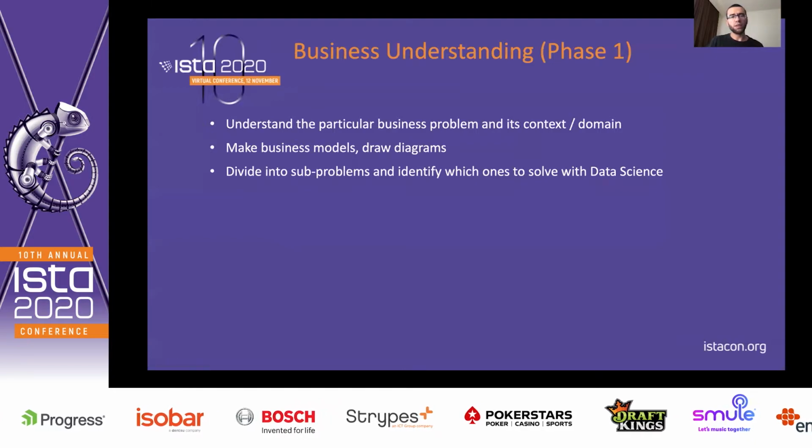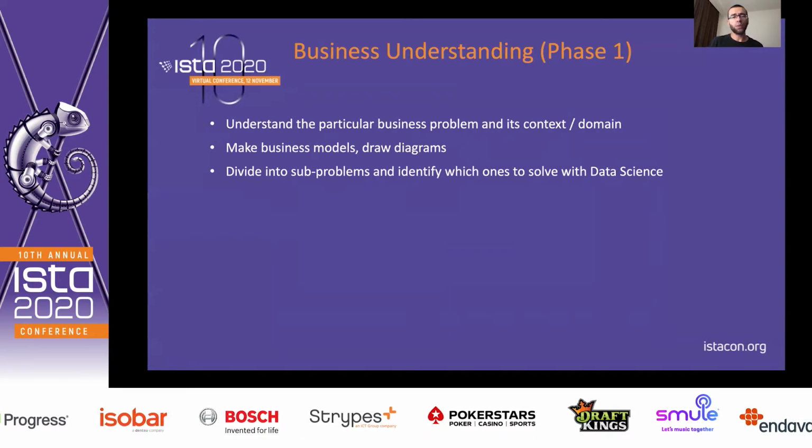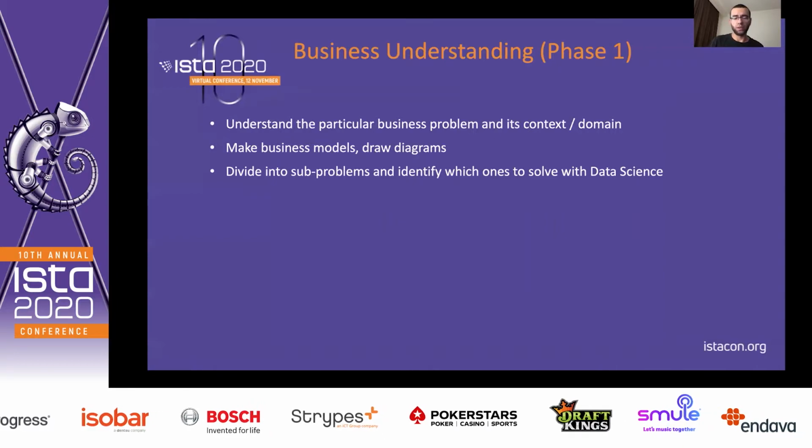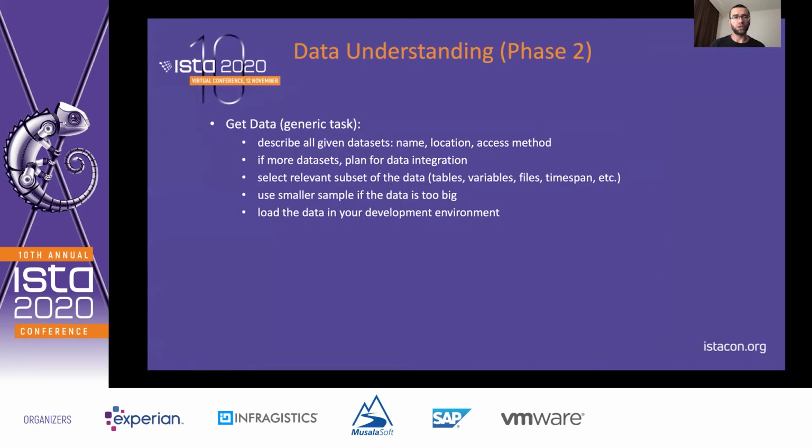Okay, so in the business understanding phase, first we try to understand the particular business problem and the context. In the data understanding phase, we have more generic tasks like get data, and you can see here a few more specific subtasks.